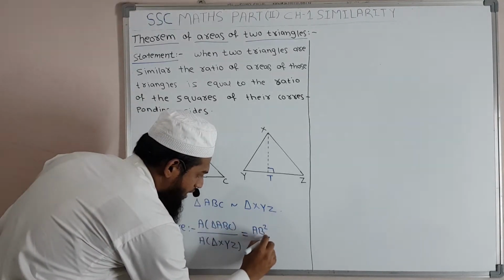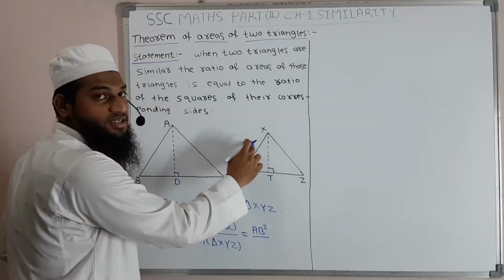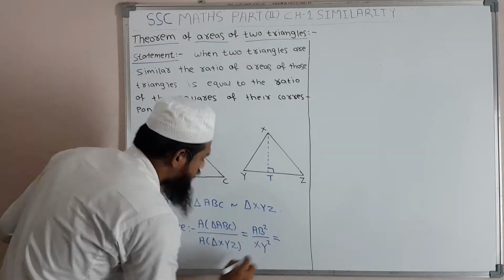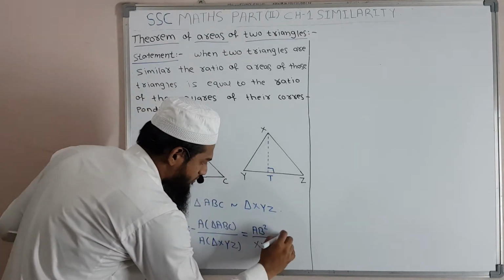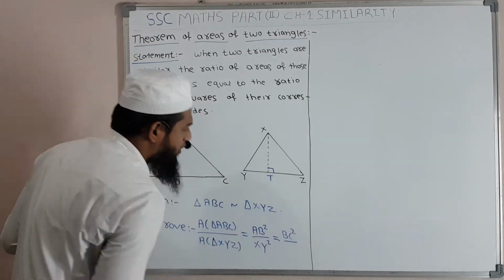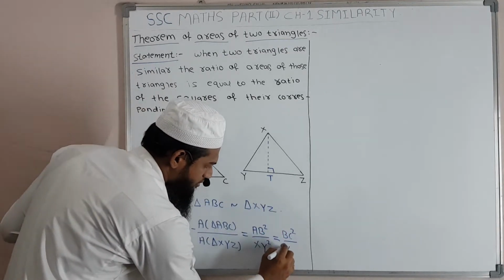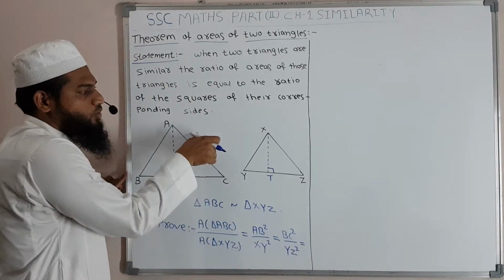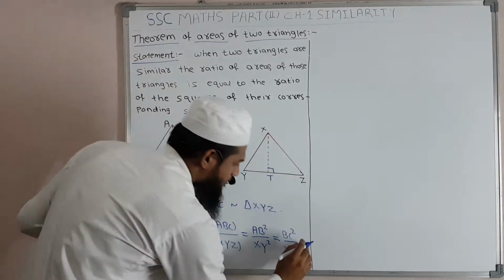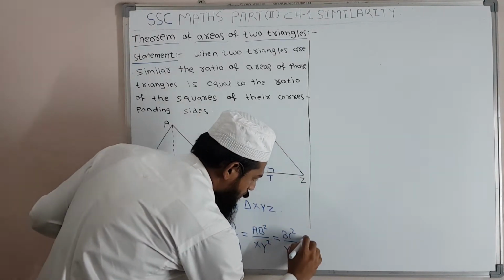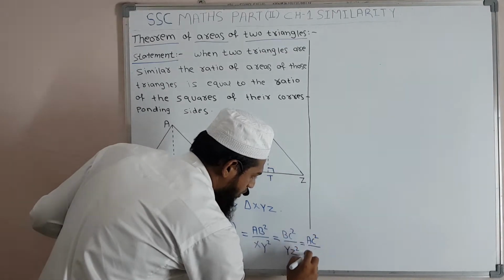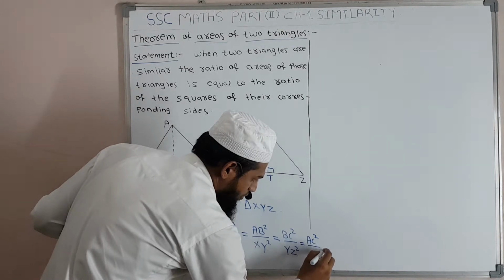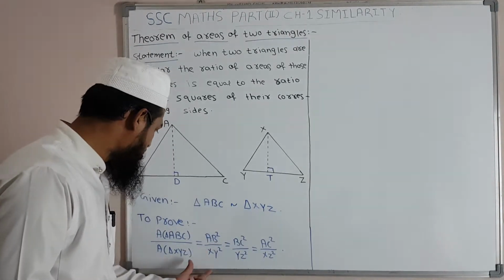AB square upon XY square is equal to BC square upon YZ square is equal to AC square upon XZ square. So this we have to prove.